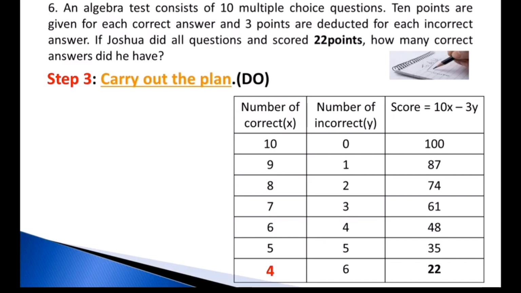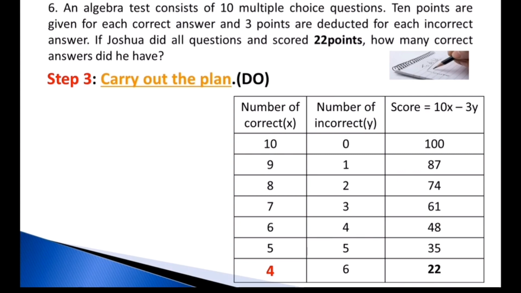In order to get the score, simply substitute all the values of x and y in the given equation. So 6 times 10 is 60, 4 times 3 is 12, 60 minus 12 is 48. The same here: 5 times 10 is 50, 5 times 3 is 15, 50 minus 15 is 35.